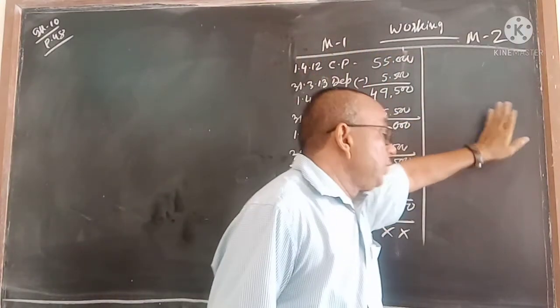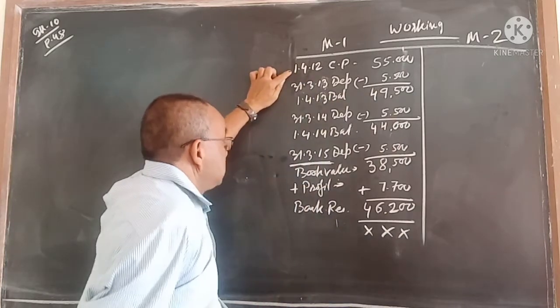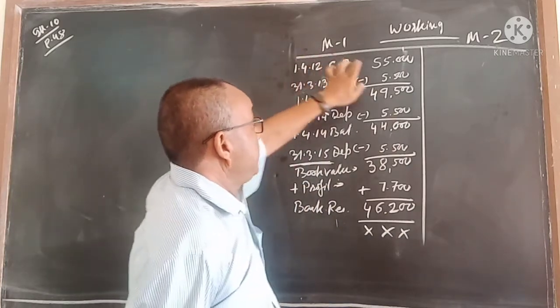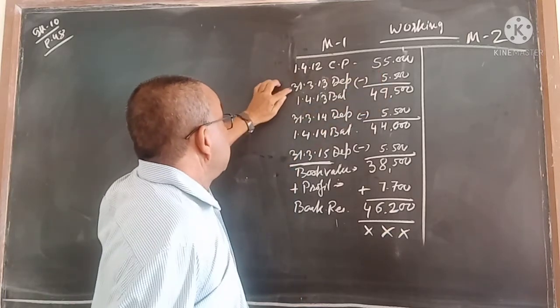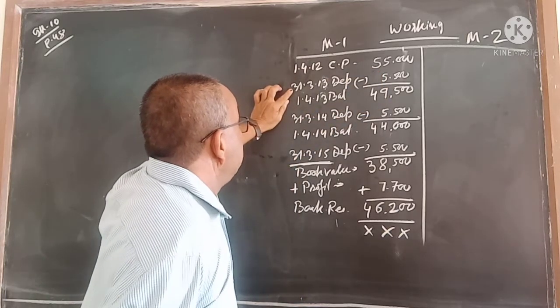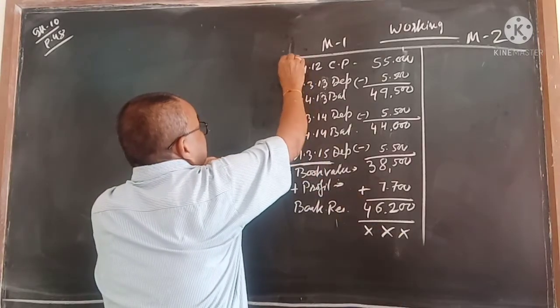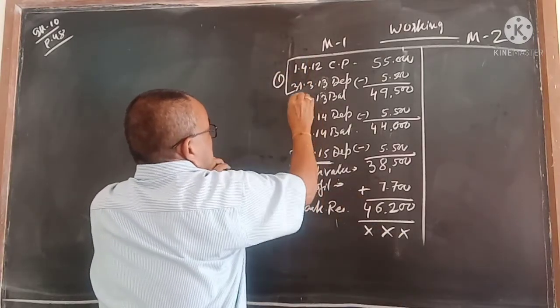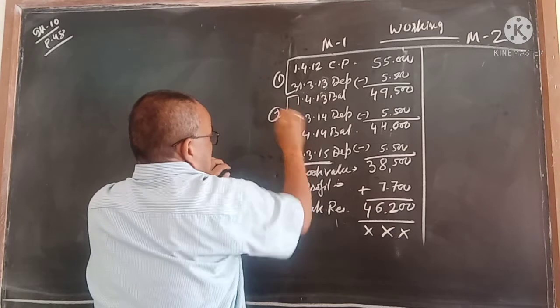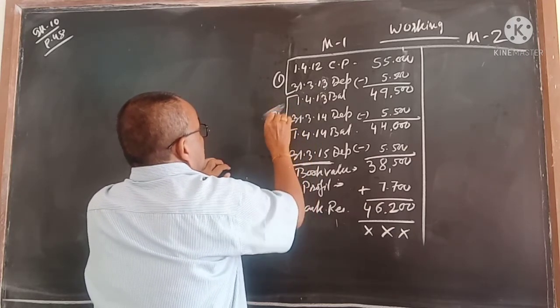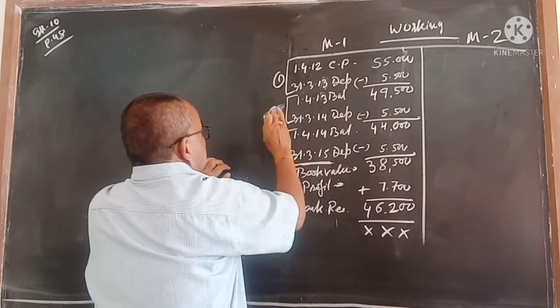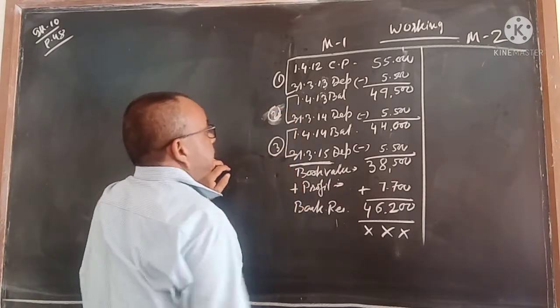Machine 2 will do it here. Machine 1 you have purchased on 1/4/12, which is 52 plus 3 is equal to 55. 1/4/12 to 31st 3/13, 1 year complete. This is your first year, this is your second year, and this is your third year.